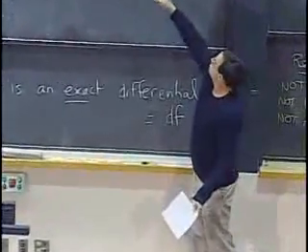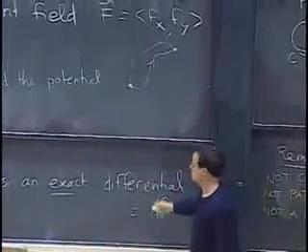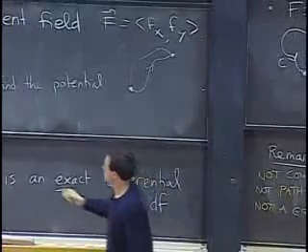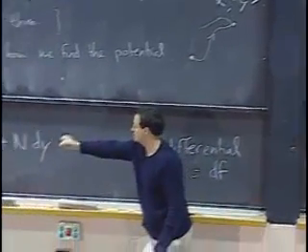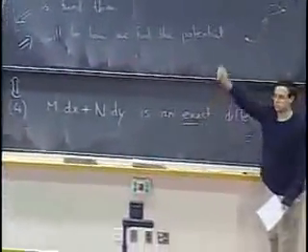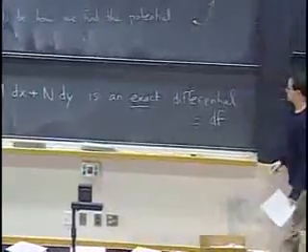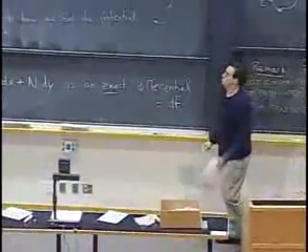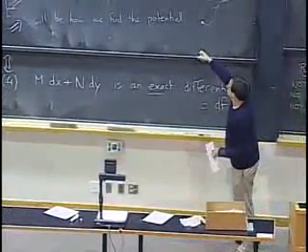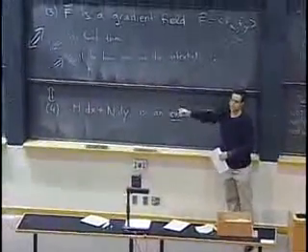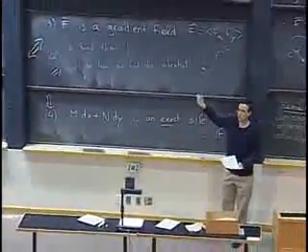I'm just reformulating this, because I'm saying I can put it in the form f sub x dx plus f sub y dy, which means my vector field was a gradient field. So these things are really the same. After the weekend, on Tuesday, we'll figure out how to decide whether these things hold or not and how to find the potential.